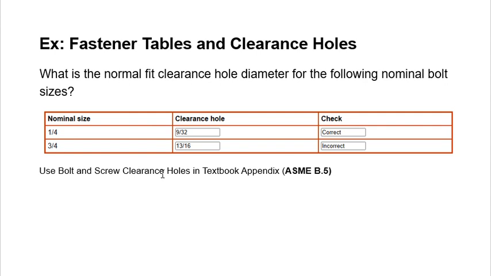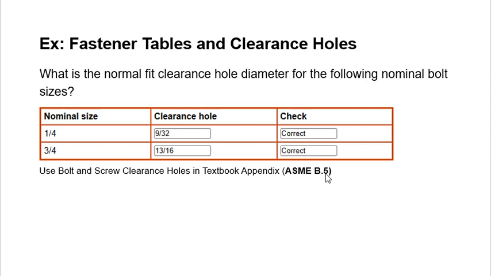Look for 3/4, and you're going to get 13/16. Again, that table is all the way at the back, the clearance hole table in Appendix B.